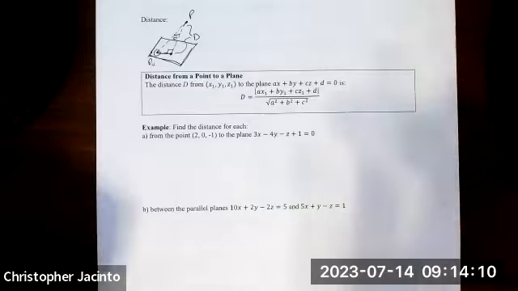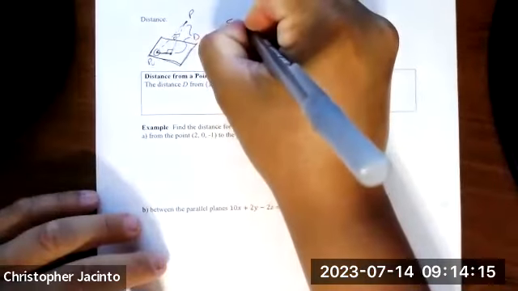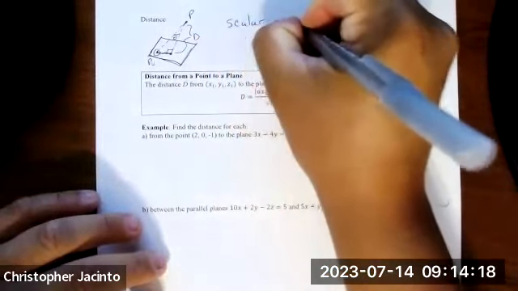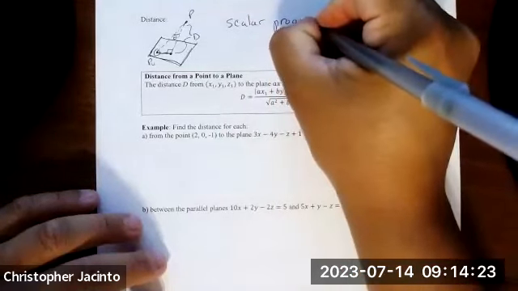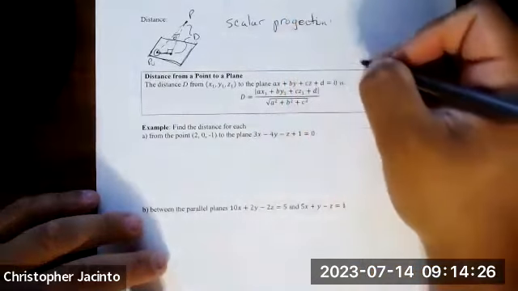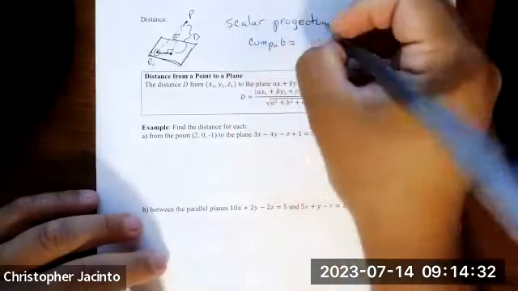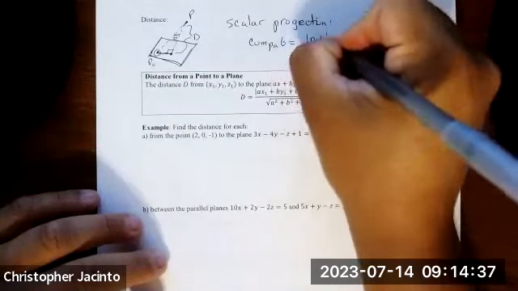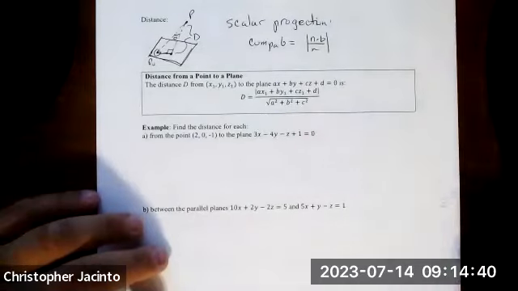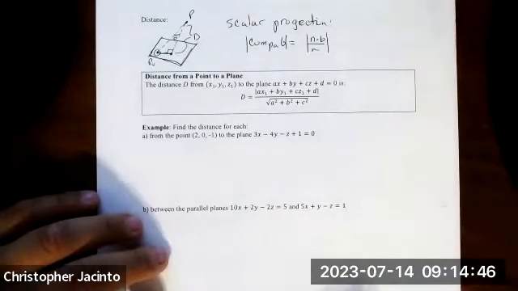So to find this distance, all this really is, is a scalar projection. If you guys remember, scalar projection was the component of A onto B, which equaled the normal vector times B over the length of the normal vector. So if I take the length of the scalar projection, that actually gives us our distance.